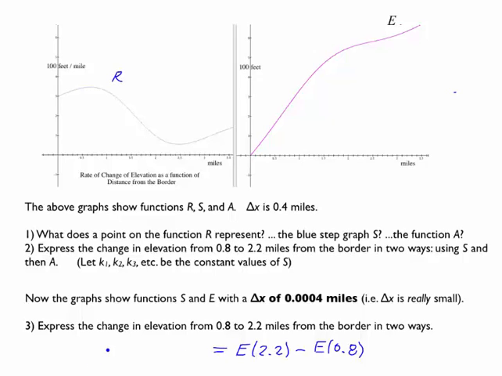And then what about the other side? How do we sum up a zillion little changes? Integral from 0.8 to 2.2 of a bunch of little changes. How do we represent the little changes? r of x dx, k delta x, right? But really tiny k delta x's, starting at 0.8, ending at 2.2.